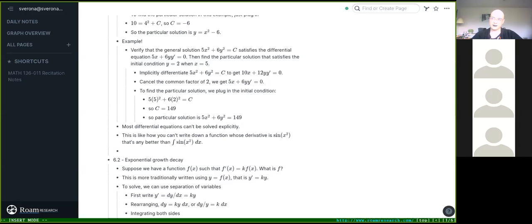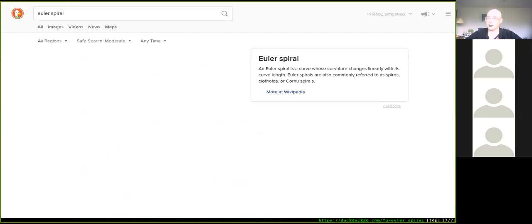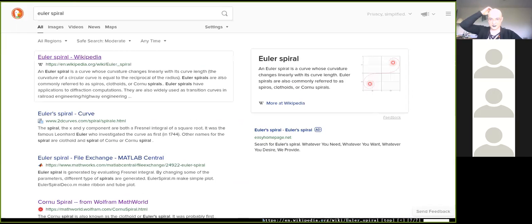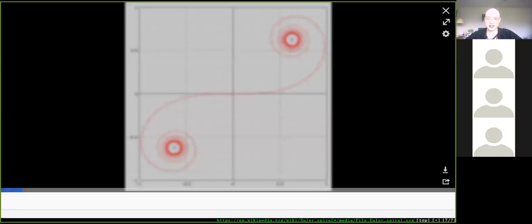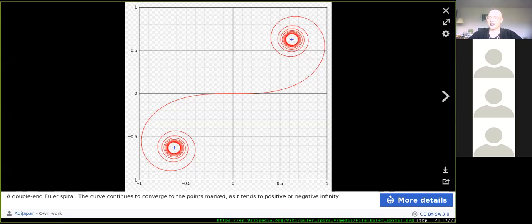While we're here, though, I want to show you a fun math thing because I can. I know I'm getting distracted, but that was called Euler's method. Let me show you something else named after Euler. So check this out. Doesn't that look cool?